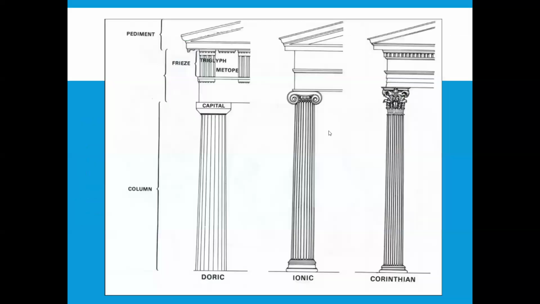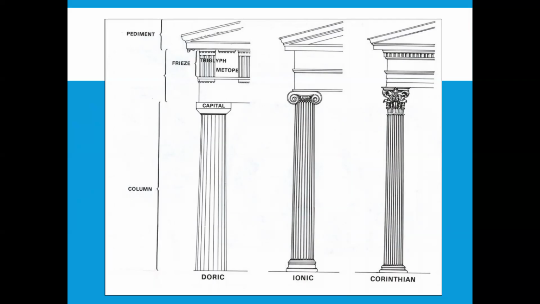And you'll receive a handout of this next slide. This is the Greek orders. You will want to be able to distinguish between the three Greek orders. These are the temple plans, temple layouts, and they are Doric, Ionic, and Corinthian. The Doric order is mostly found on the mainland and is used first during the Archaic and early Classical and even through to the High Classical period.